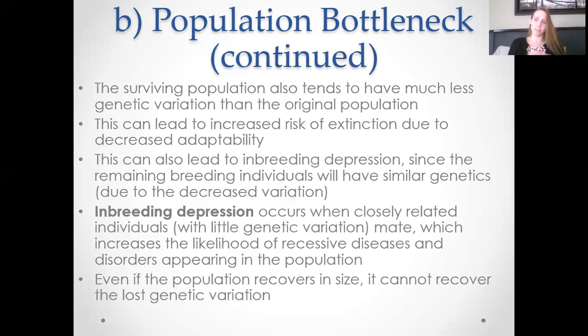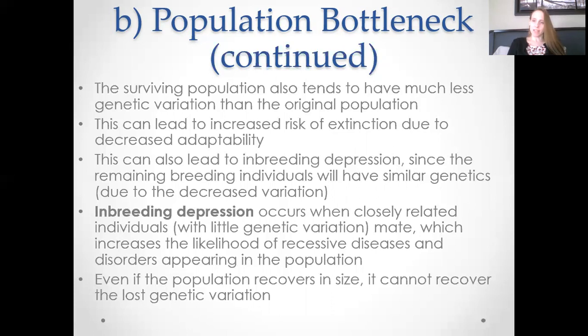Even after a couple of generations, they're all going to be really closely related. They're all going to have really similar genes. And inbreeding depression is when having those really similar genes, because you're all really closely related, leads to more recessive diseases and disorders showing up in the population.